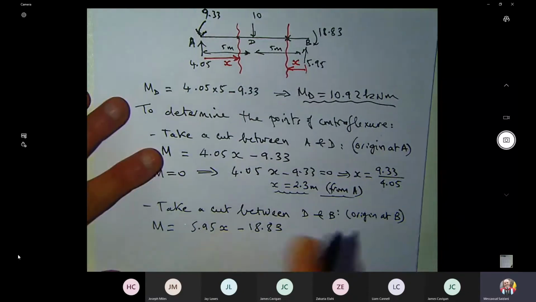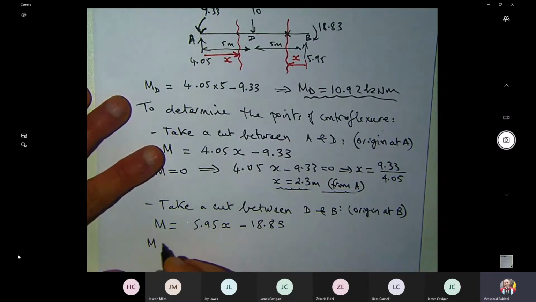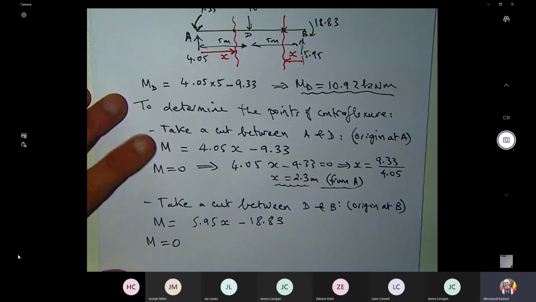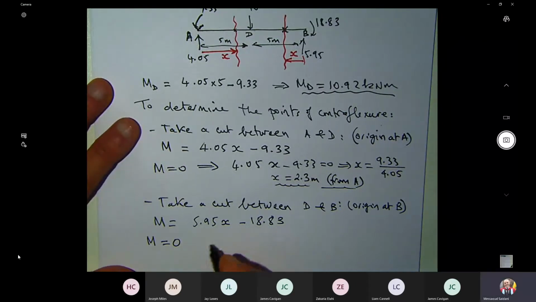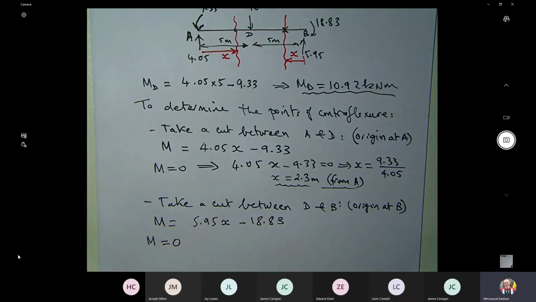And we do the same. For the point of contraflexion, M is 0. No, I tell you why. I did not explain it.